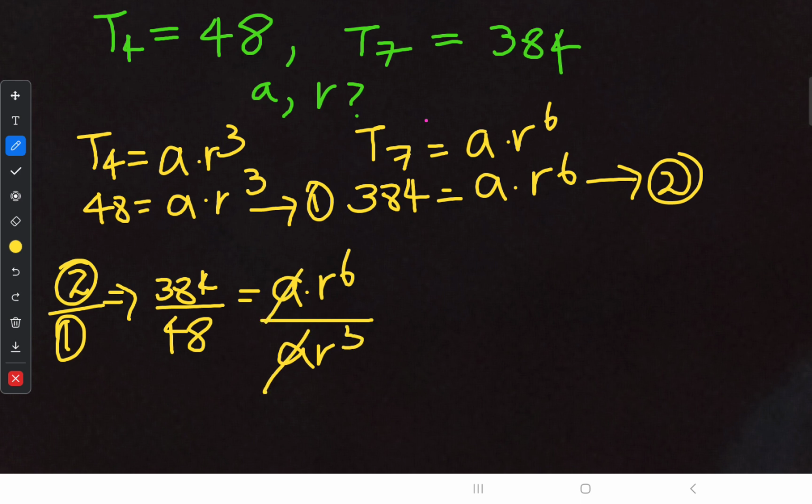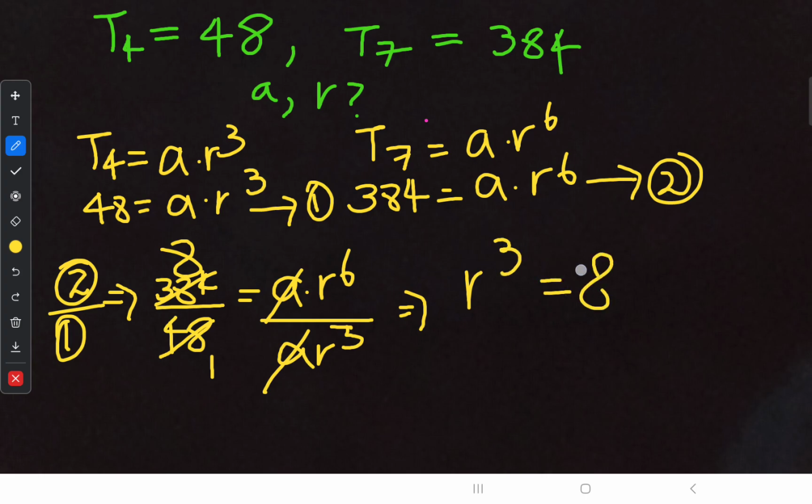You can simplify them. 384 divided by 48 is 8. So R to the power of 6 divided by R to the power of 3 equals R to the power of 3, which equals 8. So 8 is 2 to the power of 3. R equals 2.